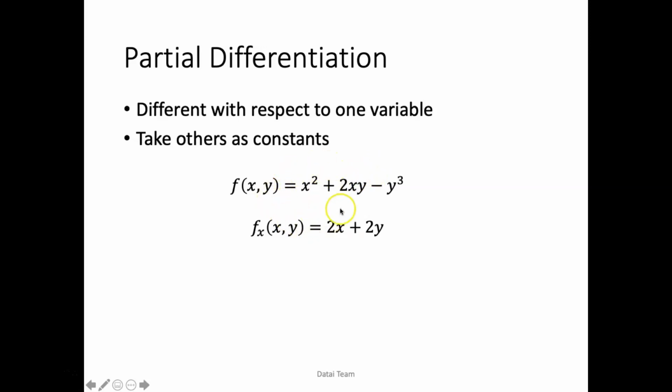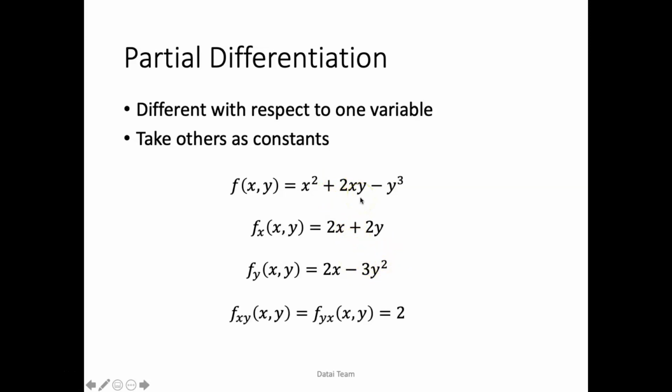So we get 2x, and for 2xy, or 2yx, when we take the derivative, we get 2y. And because this is a constant, its derivative is 0. And when we take the derivative of the function with respect to y, we get 0, 2x, we get it from here, minus 3y squared.